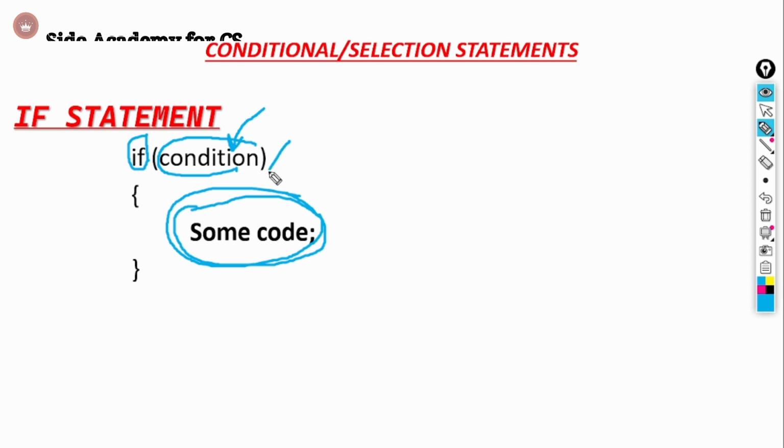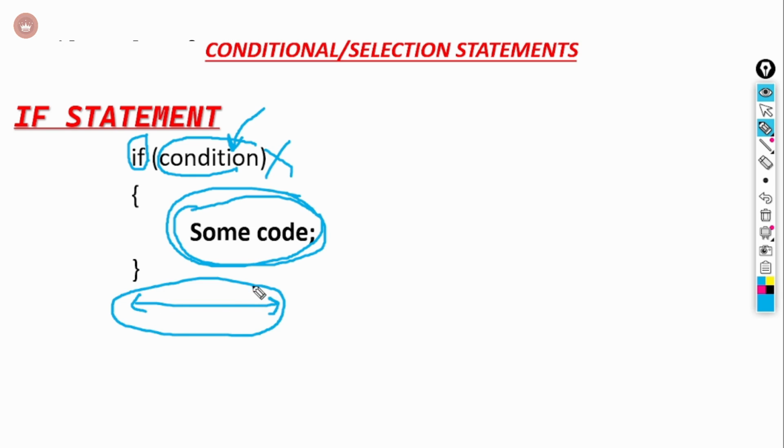Once this condition gets false, it will take me here. Whatever code we have written right here will get executed. That means simply here will be leave the race. I have to leave the race whenever the condition gets false.